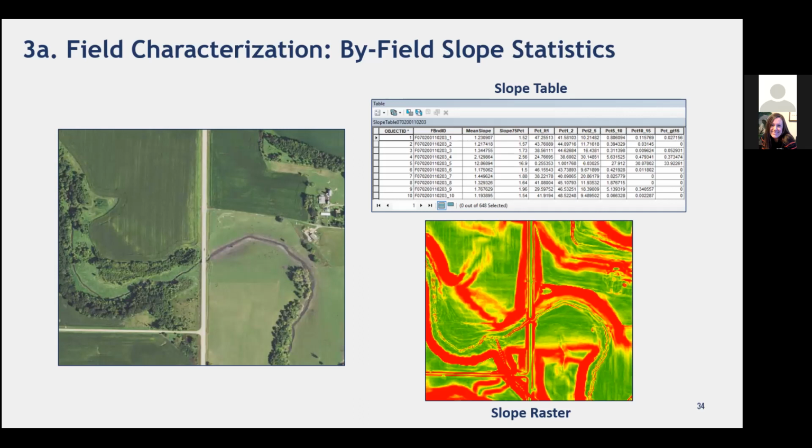The raster that's created, as you can see below, once it's symbolized, in this case the higher the slope is symbolized up in red. So those are the areas where your landscape is sloping the steepest.